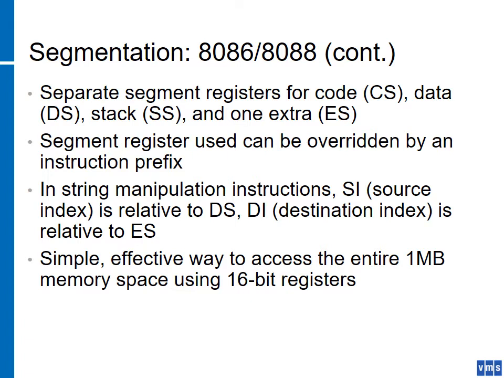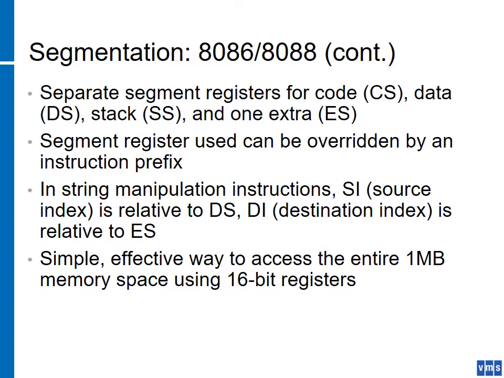You can put a prefix in front of your instruction to say, normally this instruction would reference memory in the DS segment, but I've loaded some special value in the ES segment because I want to do something with memory that I'm normally not touching, and I now want this instruction to reference the ES segment. So you put an ES colon prefix in front of it.